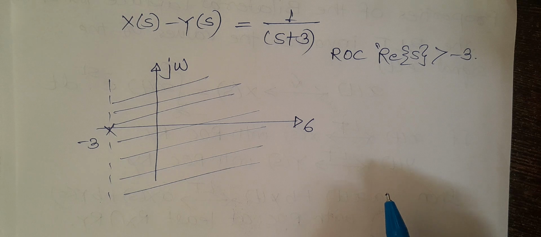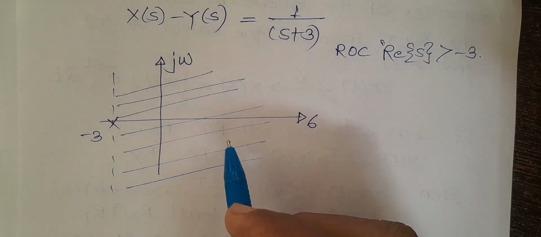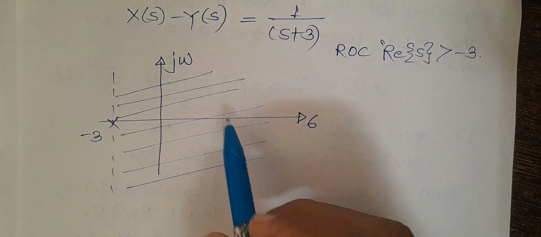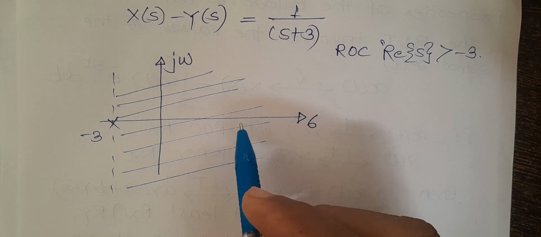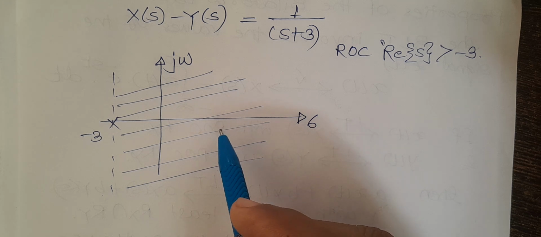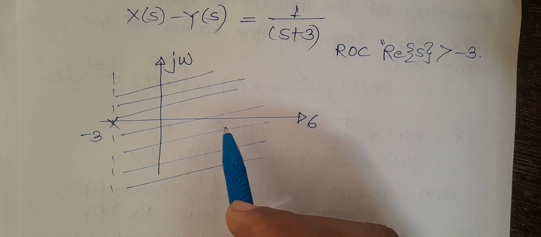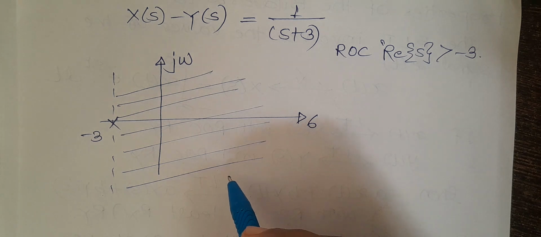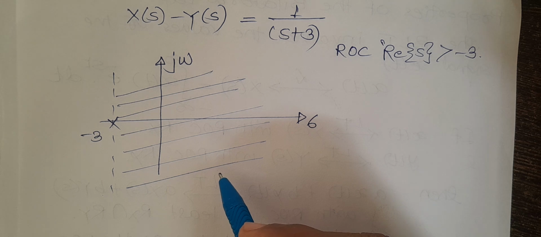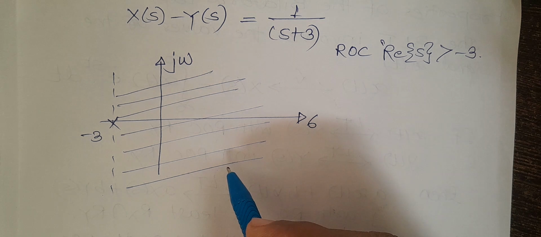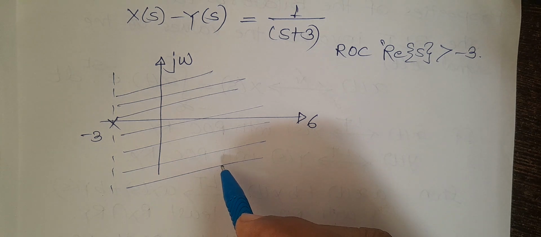So if the intersection of the ROCs is the empty set, then pole zero cancellation does not occur, and the bilateral Laplace transform of a into x of t plus b into y of t does not exist. Okay, so this is about the effect of pole zero cancellation on the region of convergence.